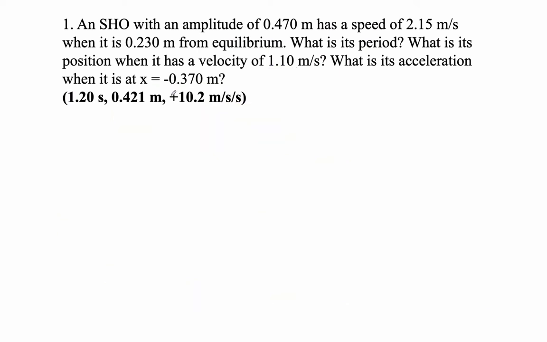So I'm going to erase the board. So omega from the very first question, what is its period? We figured out omega was 5.24546 radians per second.